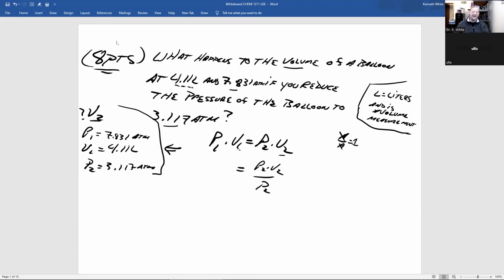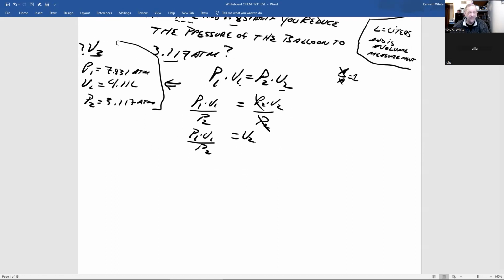But anything you do to one side, you have to do to the other. Now this cancels out. So I'm left with 1 times V2, which is V2 equals P1 V1 over P2.